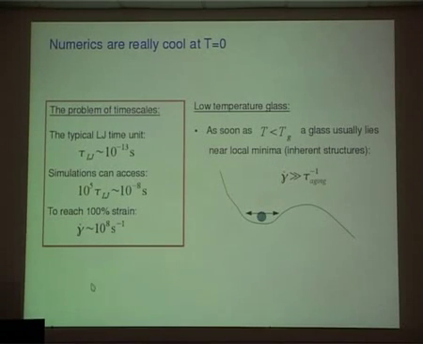In order to study plastic deformation in amorphous solids, I'll use numerical simulations. And there is one problem in numerical simulation. The typical Lennard-Jones time is something like 10 to the minus 13 seconds, which is extremely small.